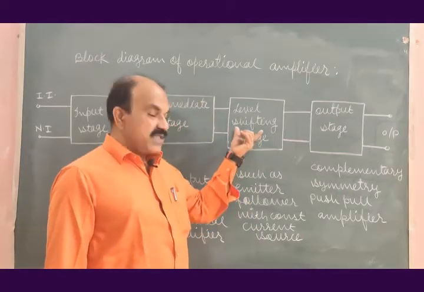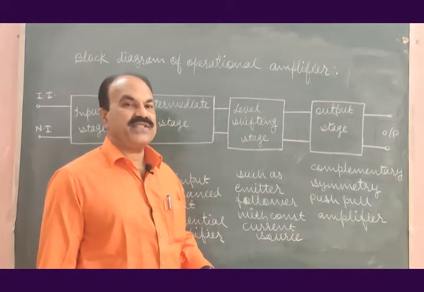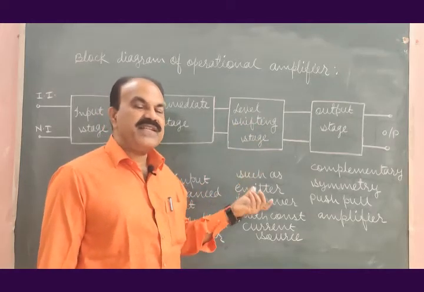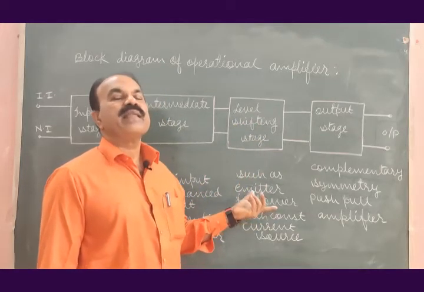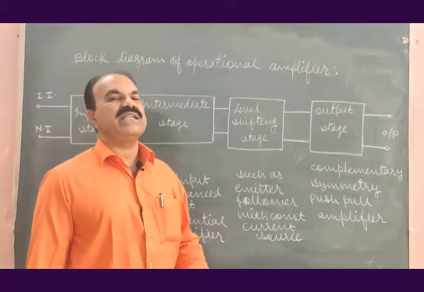So such a stage is used here, which is known as level shifting stage. In level shifting stage, what is used? The emitter follower with the constant current source.